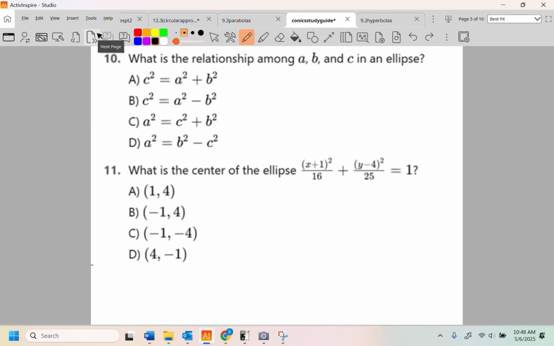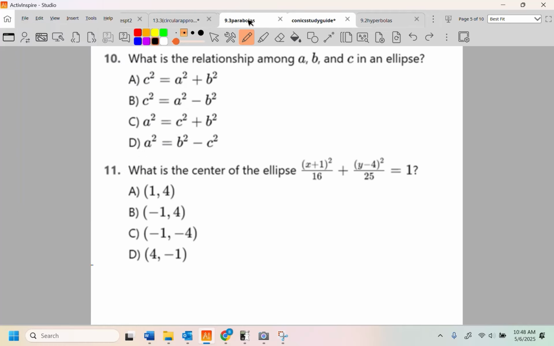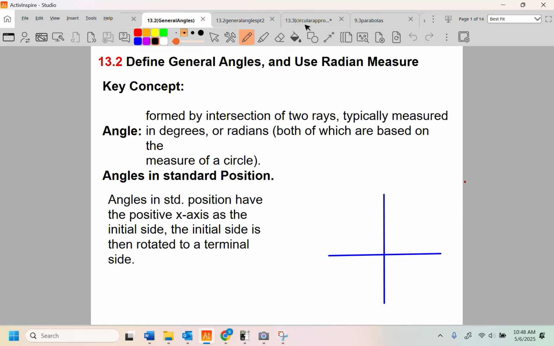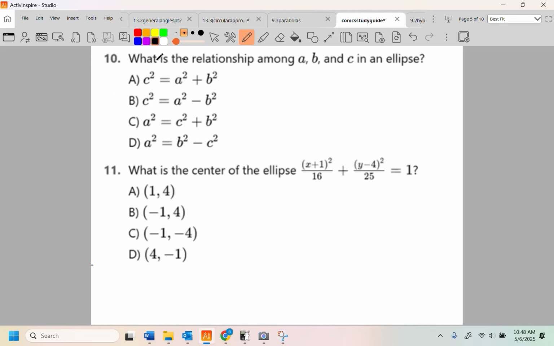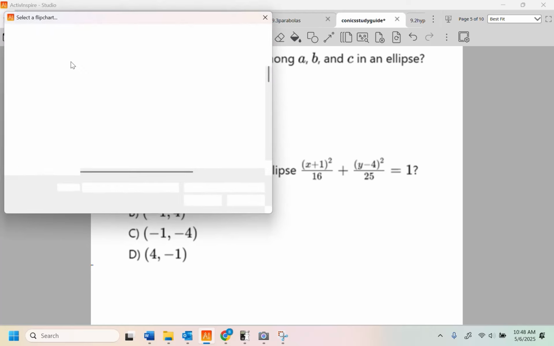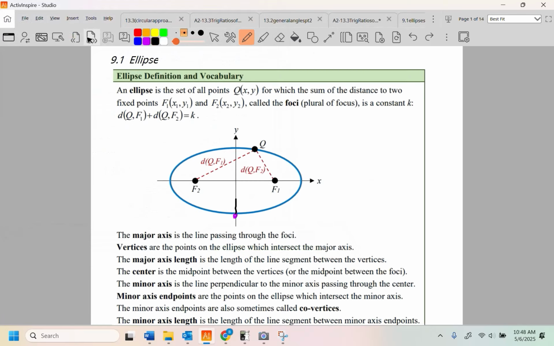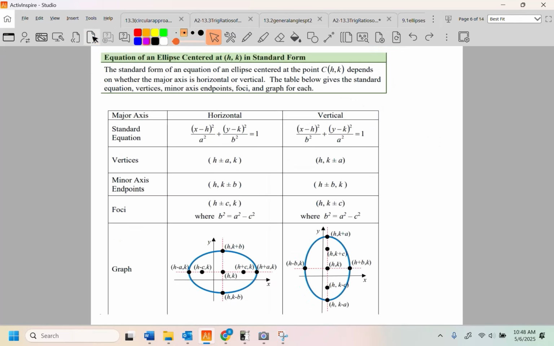All right, 10. What is the relationship among A, B, and C in an ellipse? So all you really got to do is look at the ellipse chart. I mean, it's not that hard. Ellipses were 9.1. I don't think I've got that open anywhere here. And I don't, which is cool. It's just the way it is. So let's open up 9.1 and look at that table, just to make sure I get it right. Here's the ellipses. Let's grab the one for things that aren't centered at the origin.